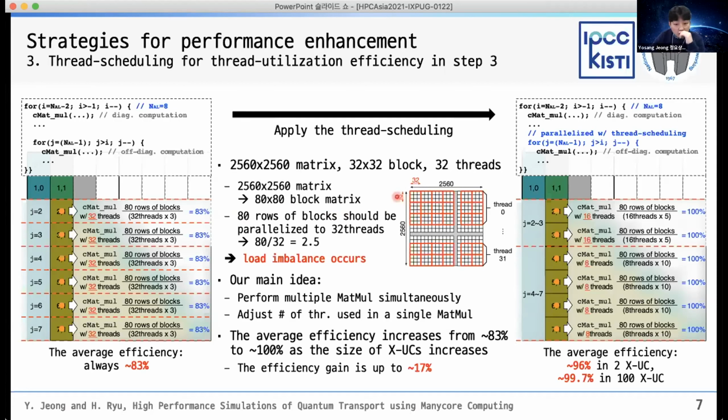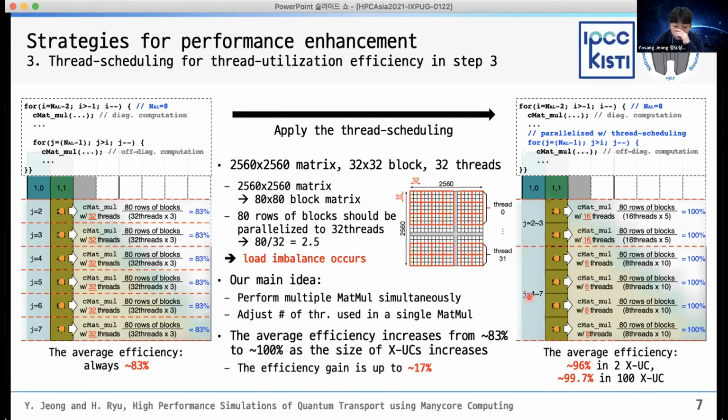But 80 divided by 32 is 2.5, which is not an integer. So some threads process 3 rows of blocks, and some threads process 2 rows of blocks. Therefore, load imbalance occurs between threads.